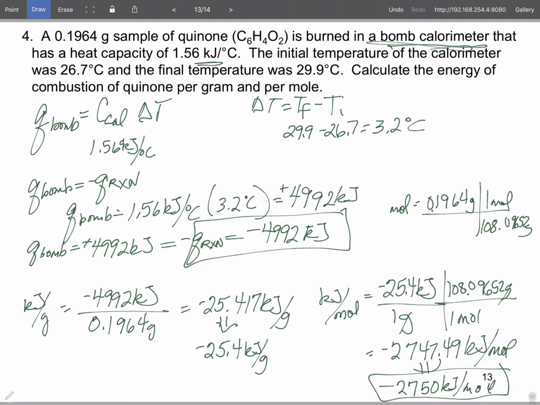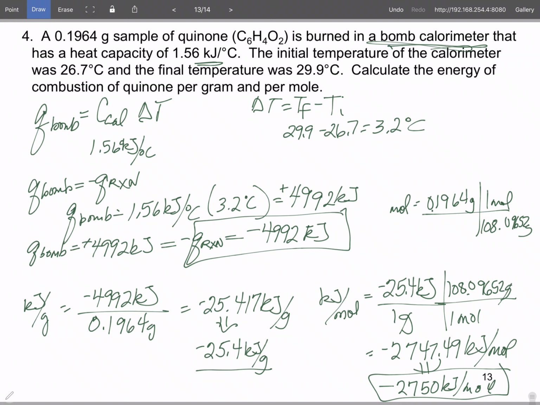Yeah, it is huge because look at how much you're getting per 1 gram. And you got 108 grams in this compound, so it's got a whole lot more weight than the other one did.